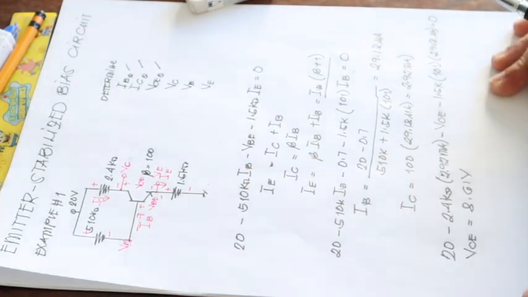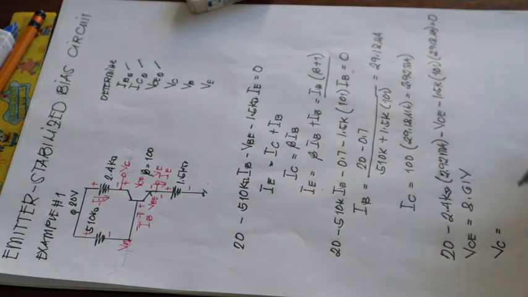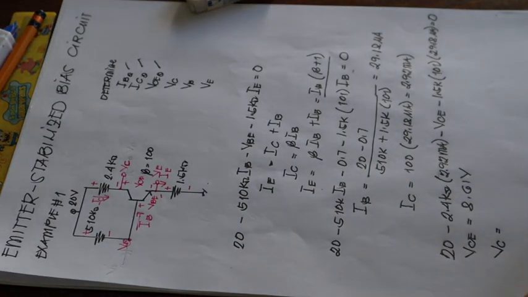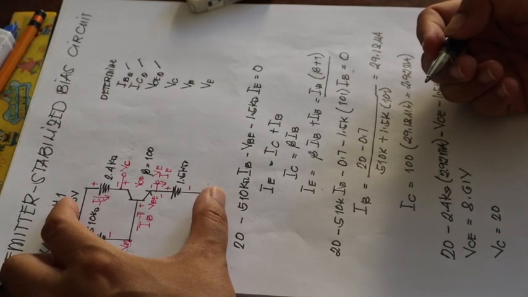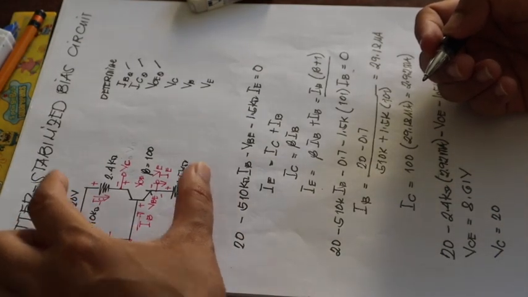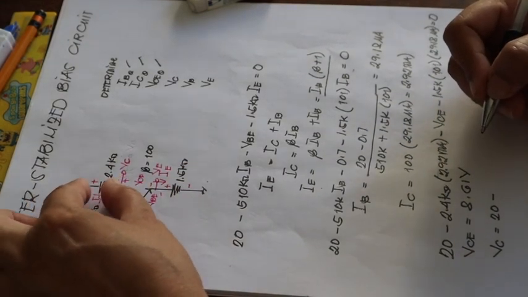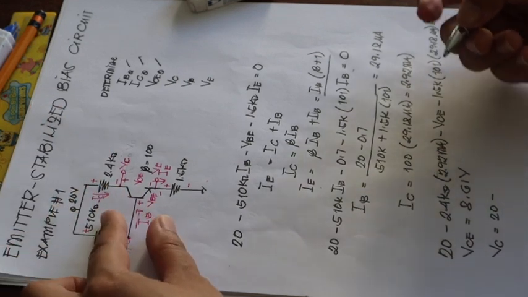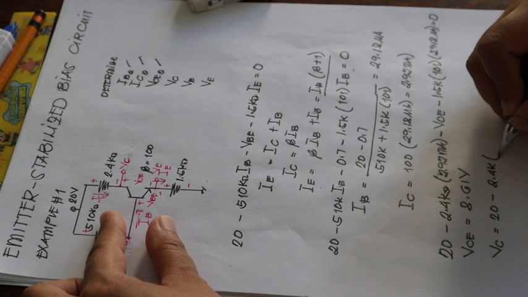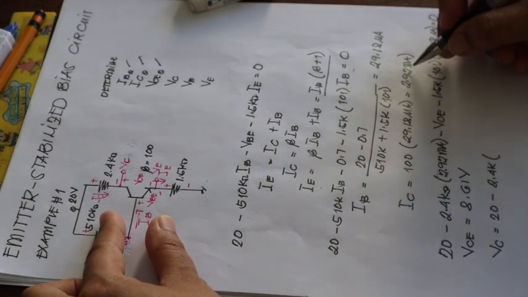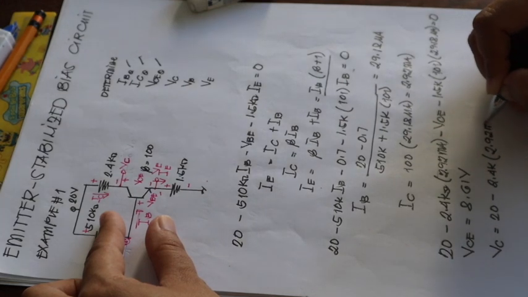So, let's start with VC. Pwedeng dalawang ways to solve for VC. Pwedeng 20, yung whole voltage sa circuit natin, minus the drop across the 2.4K. So, 2.4 kilo ohm voltage drop multiplied by the current 2.92 milliamp.